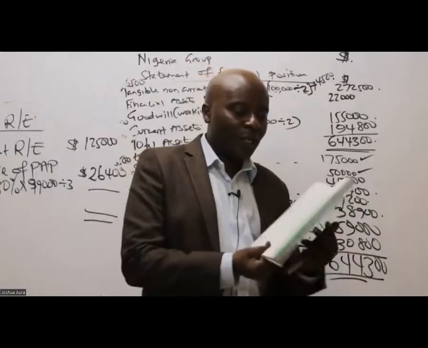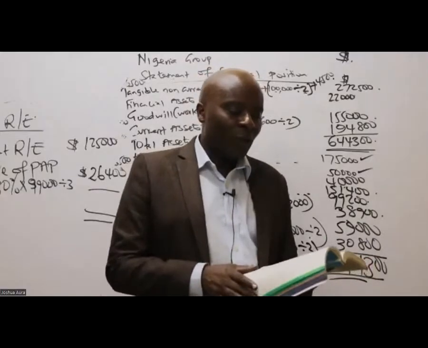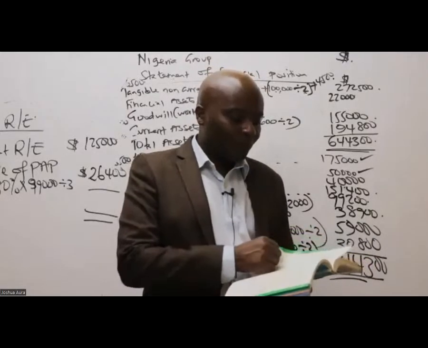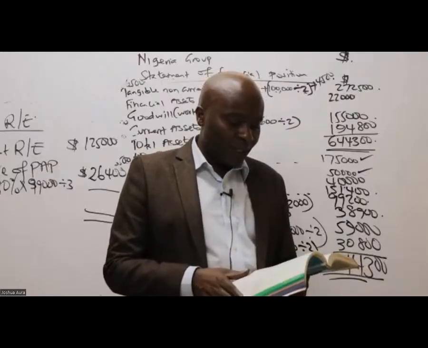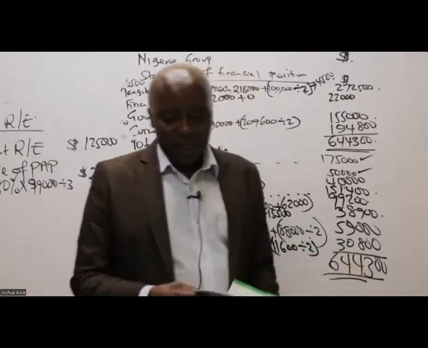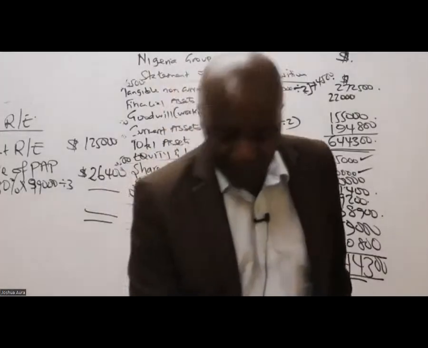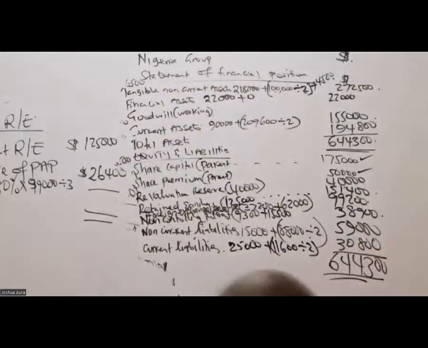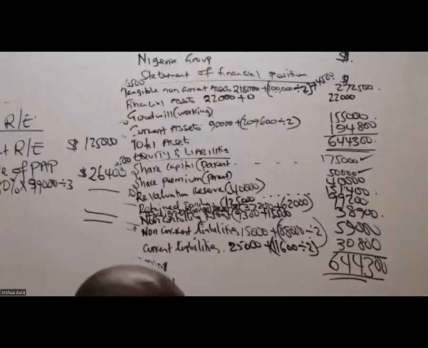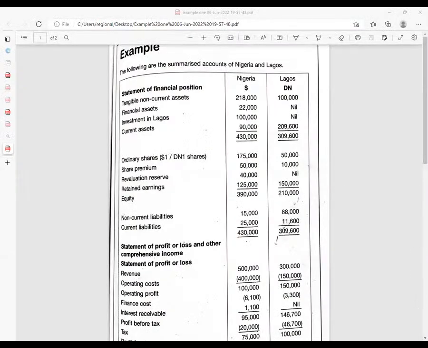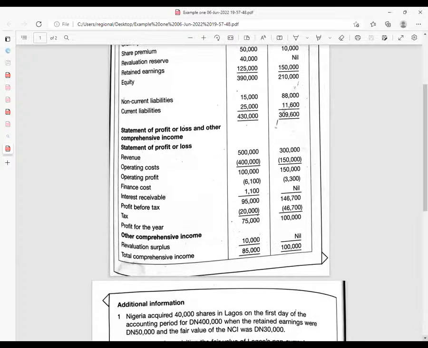Now, ladies and gentlemen, given this little time left, we need to go ahead and capture the income statement. The income statement, very easy. This is the easiest, the consolidated income statement. We are told here they have given us a statement of profit and other comprehensive income.